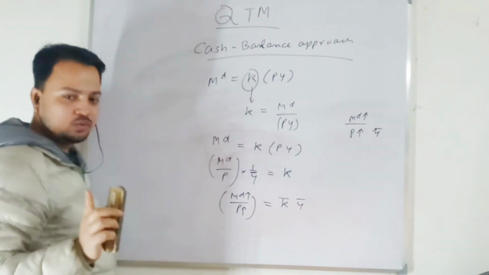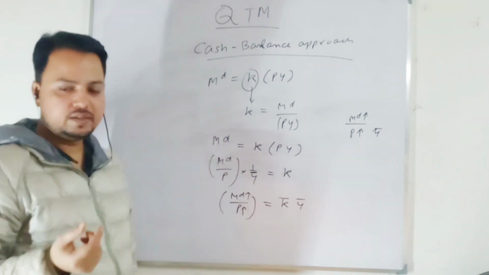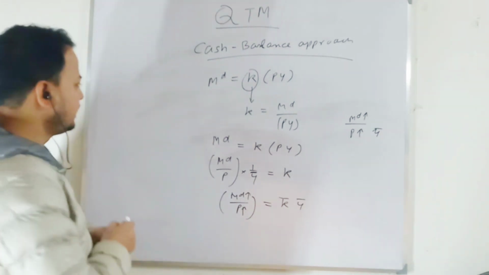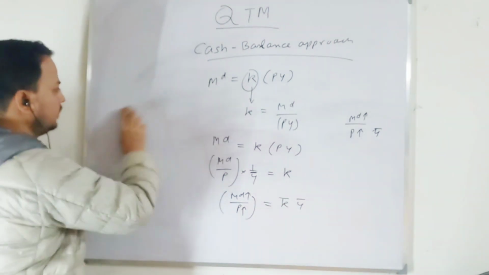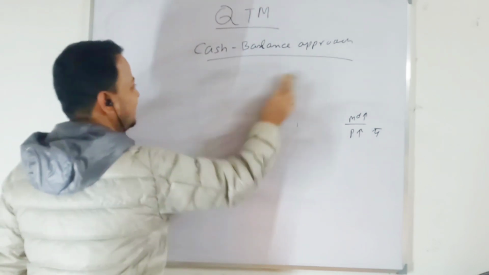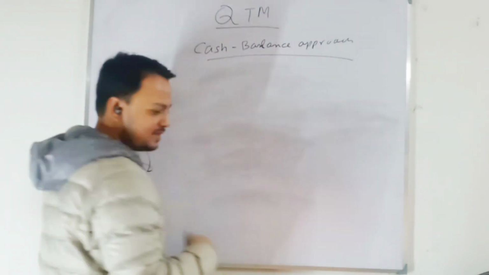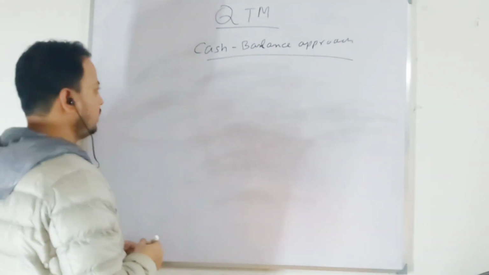If you have gone through the example that I have done in the video with my hand, you will see that when the price level is 10... let me do that example better later on. I don't remember exactly, because when I am doing it, I don't make out the example, I just go with the flow. So just help me out with that example if somebody has done it already.